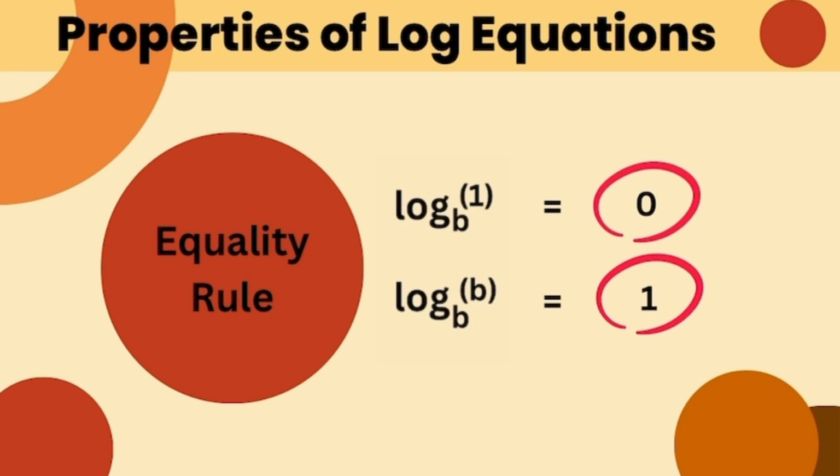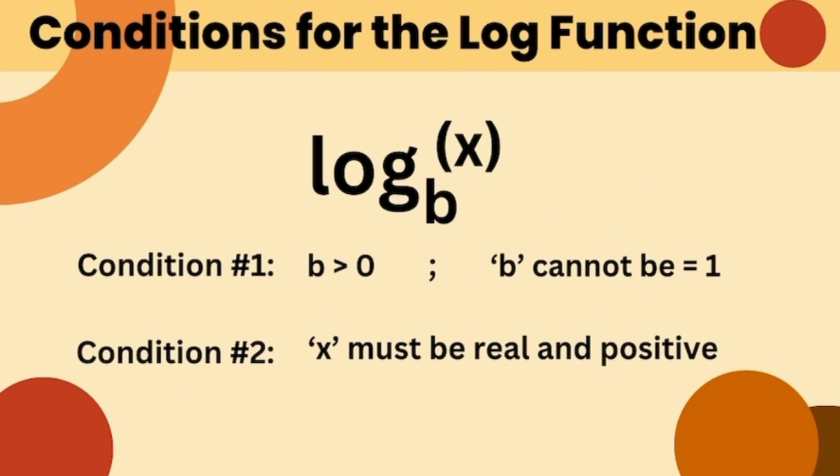Now, some conditions of the log function are that b will always have to be greater than 0. Otherwise, if you try to write it in exponent form, the equation would be literally impossible. And also, b cannot be 1, because when you put whatever exponent on 1, if you multiply 1 by 1, however many times you want, it's always going to equal 1.